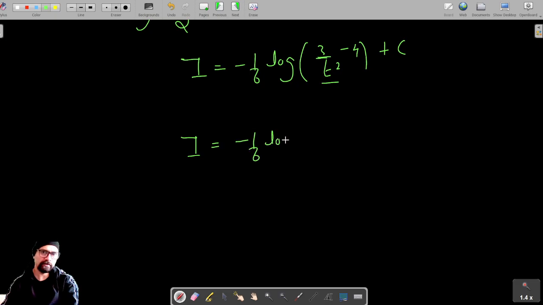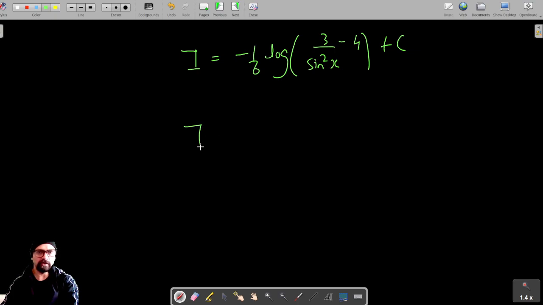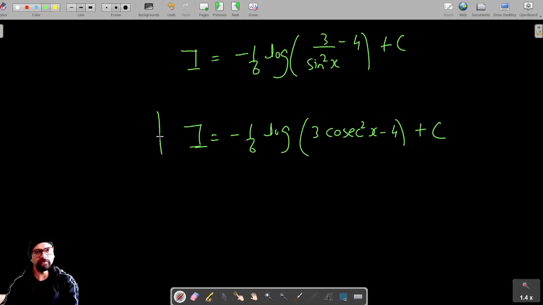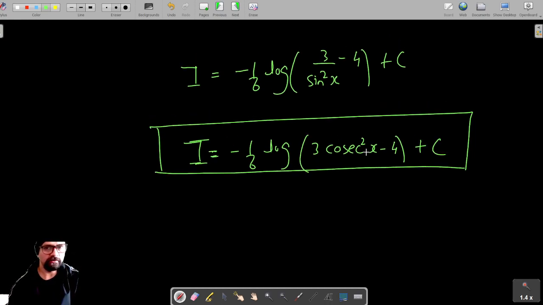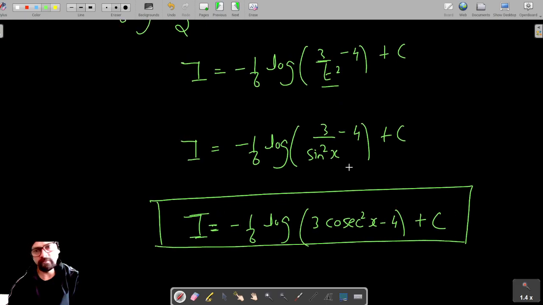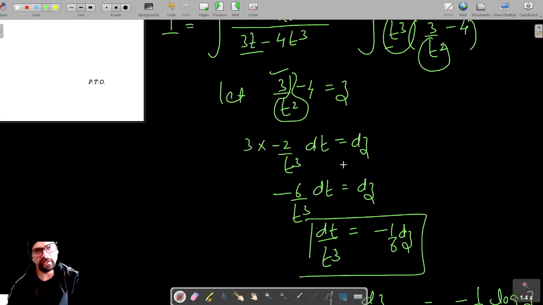T was sine x. So this is 3 upon sine square x minus 4 plus c, and 1 upon sine square x is cosecant square. So this is 3 cosecant square x minus 4 plus c. So I is equal to minus 1 by 6 log of 3 cosecant square x minus 4 plus c is the answer for the part A.